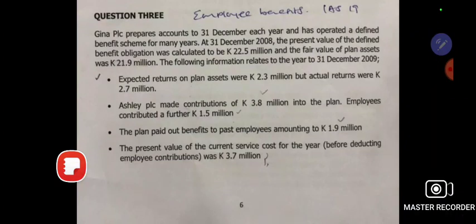Please note that they've mentioned at the end of this opening paragraph that the following information relates to the 31st December 2009. What does that mean? Meaning they close off on 31st December 2009. And therefore, the information as of 31st December 2008 will be our opening figures. And that's how we know.